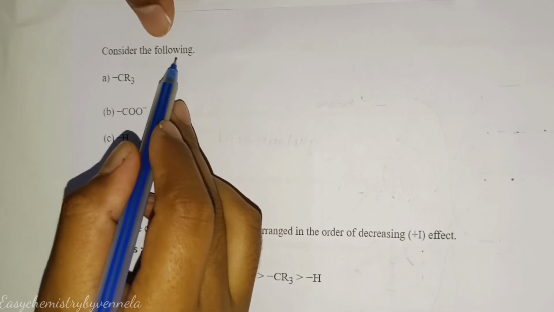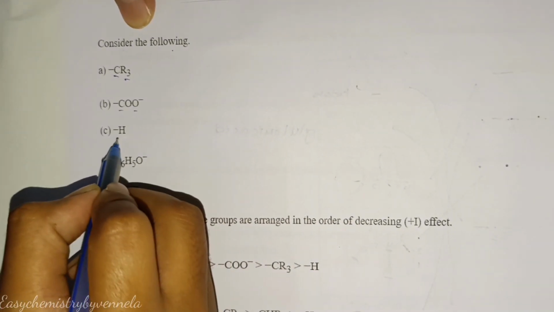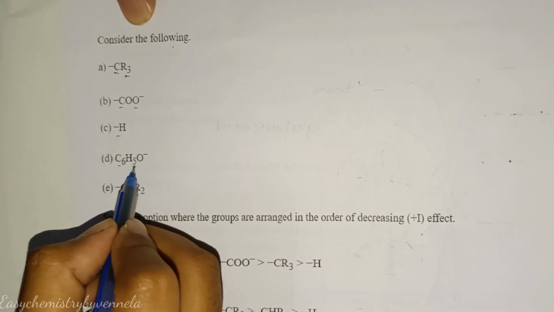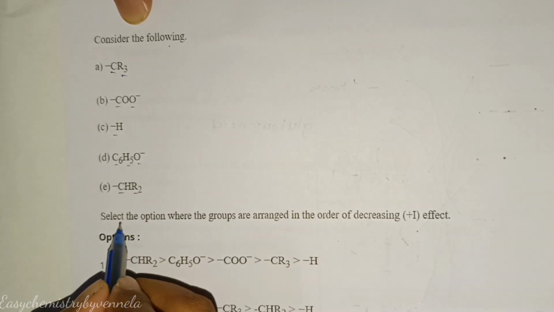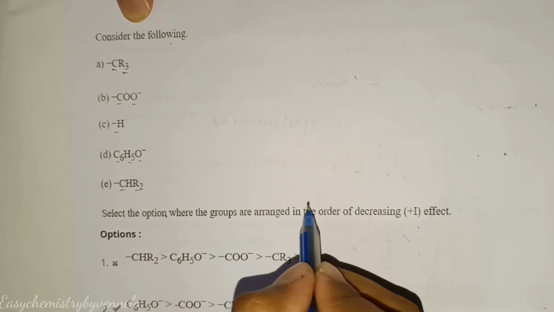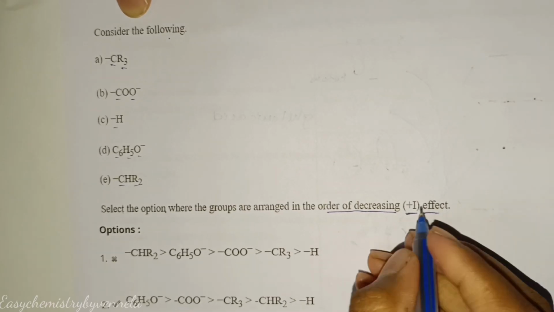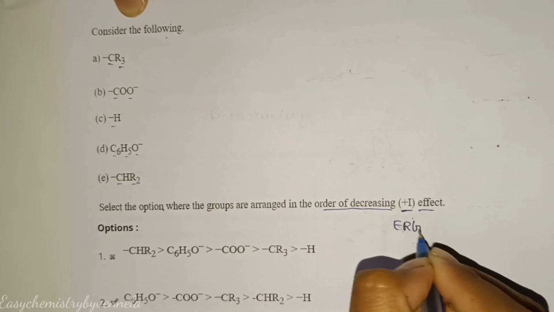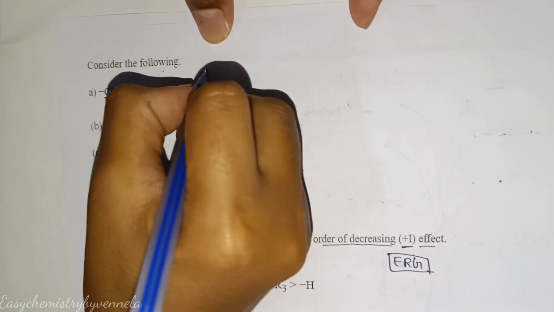Next question. Consider the following. Here CH3COO minus, H, and C6H5O minus, CHR2. Select the option where the groups are arranged in order of decreasing plus I effect. This is ERG. Plus I effect means ERG. What is the order?